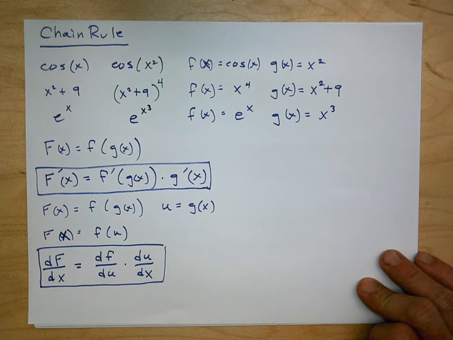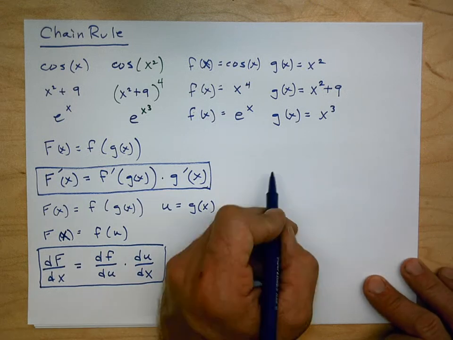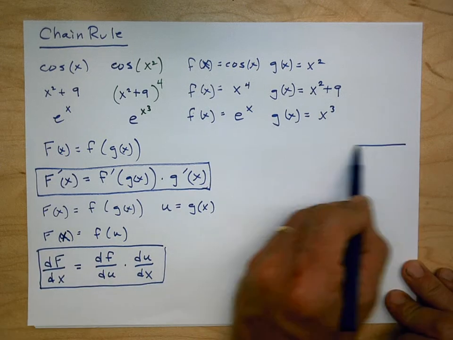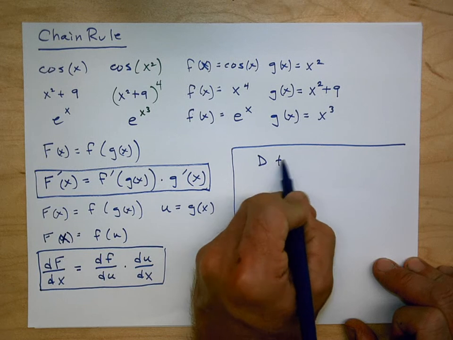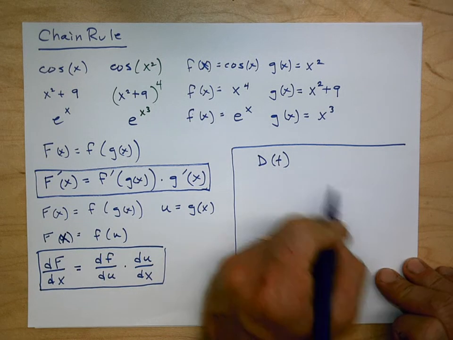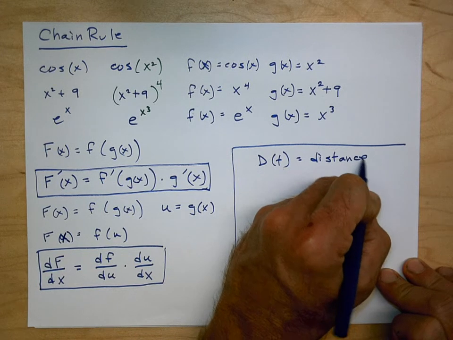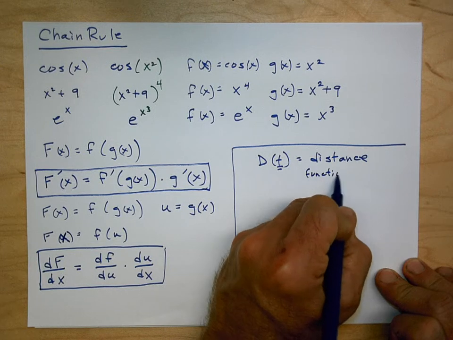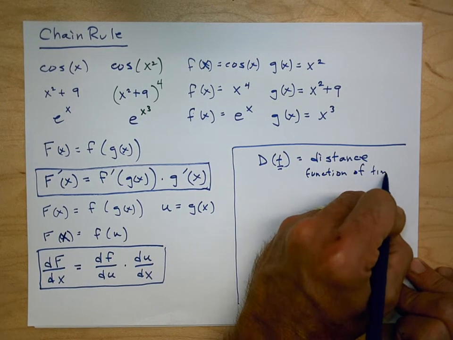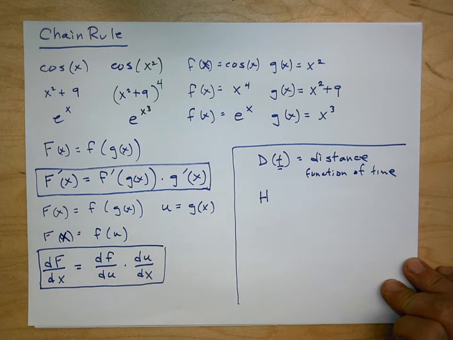In order to develop a little bit of intuition, it especially works with this notation. Suppose we had a car race. The distance that the car has traveled is a function of time. Then we have the tread on the tires.